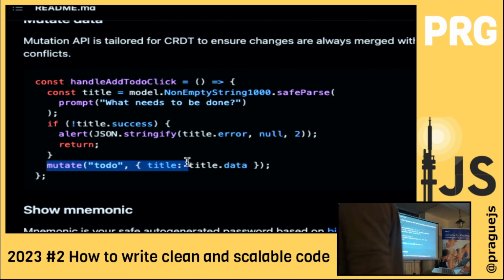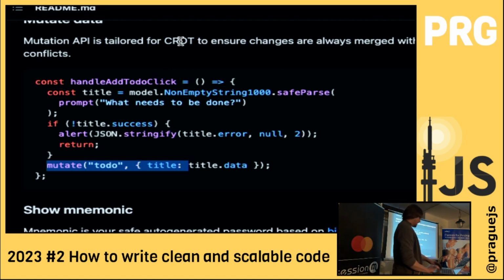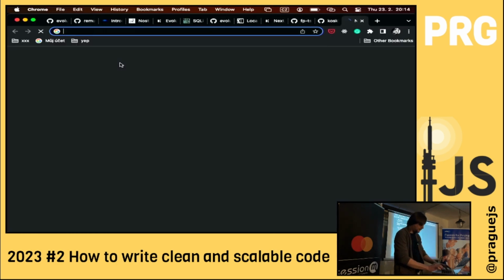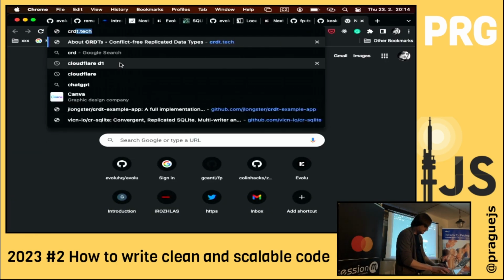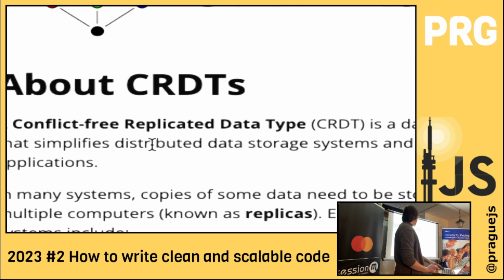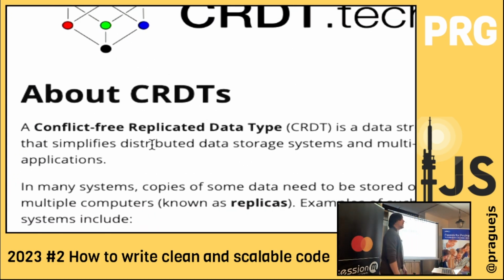The nature of Evolu is CRDT, an acronym for conflict-free replicated data types. As you see, Evolu is syncing data among devices. It's merging data without conflicts.